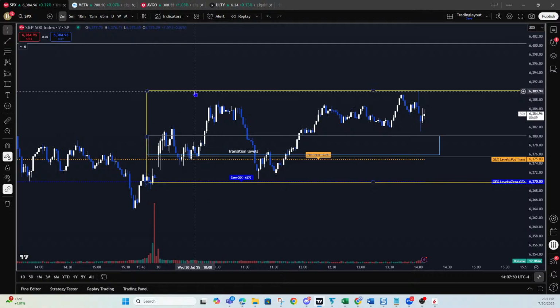So top of the drunken sailor range, we discussed 63.90. We came right up to it, almost to the penny, and touched it, and then came back down. Lower side here, we tested zero gex and the bottom of the drunken sailor range, one test, and then held above.